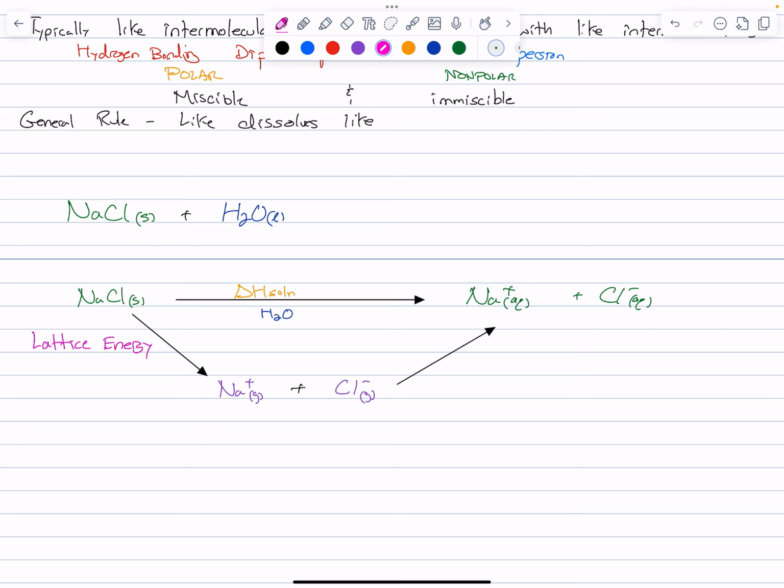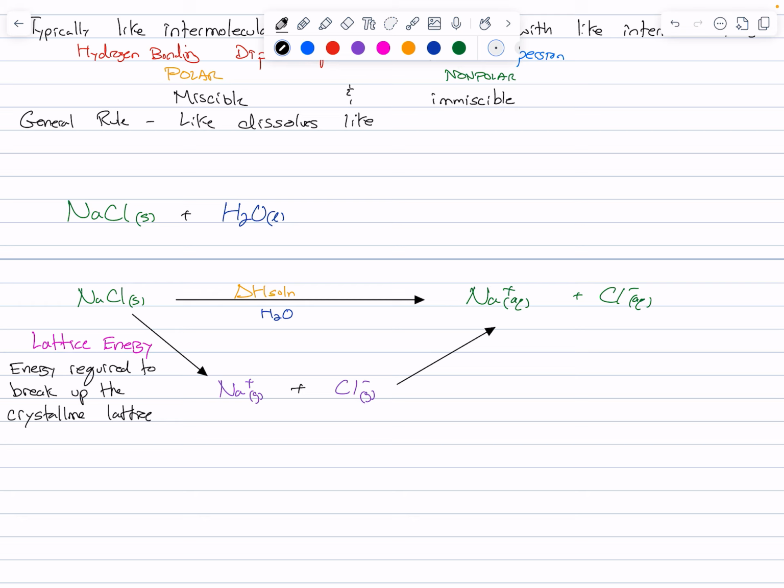The lattice energy is the energy required to break up the crystalline lattice. So it's got to break up, and it takes energy to do so, because the lattice energy is the energy released when these ions form a lattice.